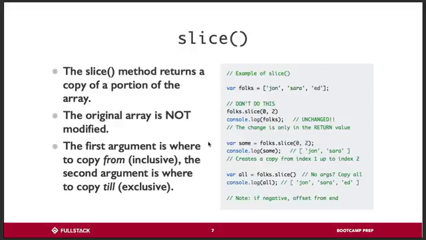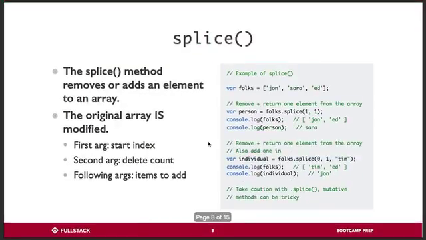Even though Ed is at the second index, it's not getting Ed. It goes up to Ed, stops once it sees Ed. Copy from here till there. Splice, it's pretty crazy. Its first argument is the index you want to start at. The second one is how many elements you want to remove from there. And it will remove those from your array. And if you give it a third argument, it'll replace what you removed with the third argument.